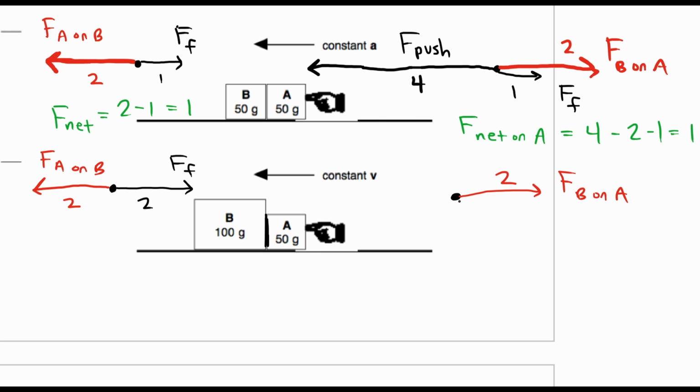Let's give A some friction. Just 1 unit is sufficient. And now let's balance A's forces by letting the push have a size of 3.